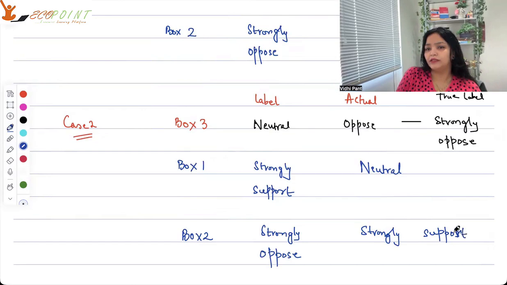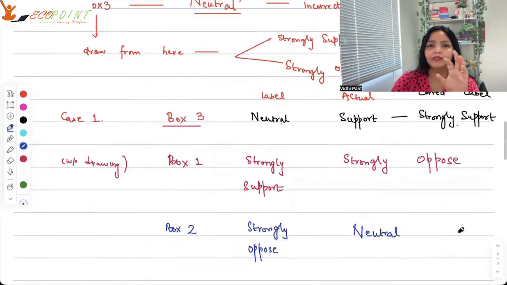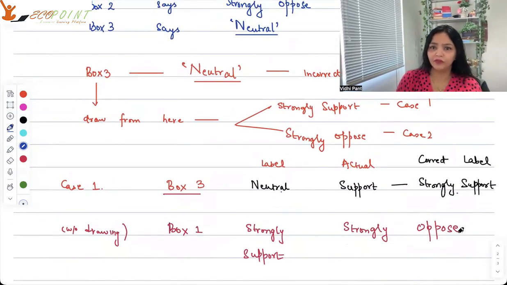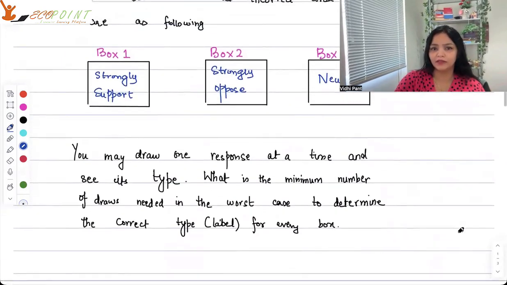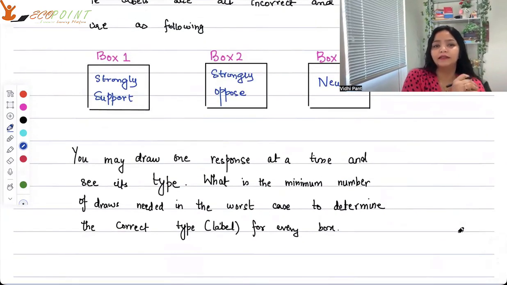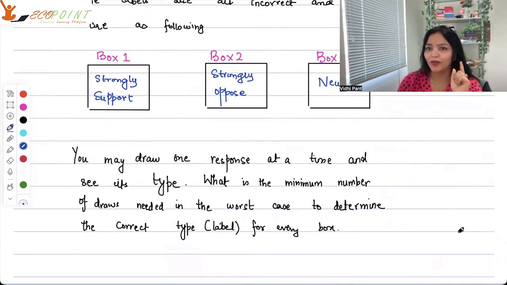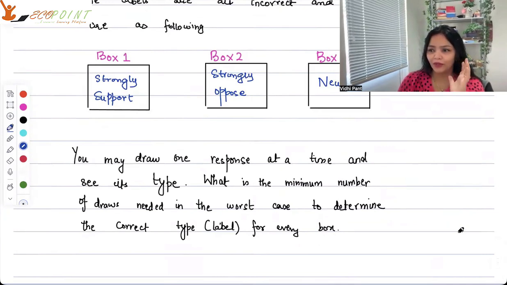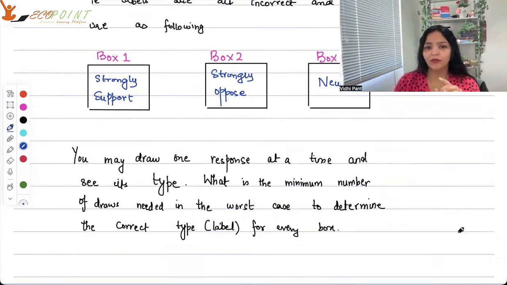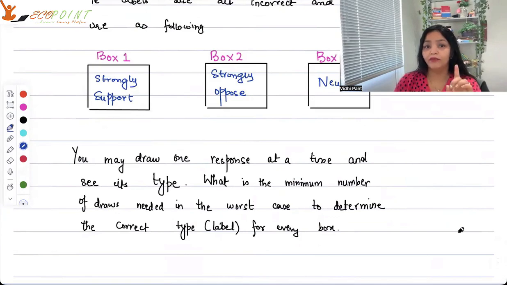So what is the correct answer? This is the strategy that you will give to the examiner. The correct answer would be that actually you just require one draw. You just require one draw from box number 3.